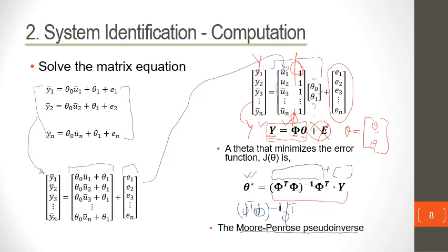So it means, therefore, in order for one to calculate the optimal parameters in system identification for a linear system, the problem is reduced to simply calculating the Moore-Penrose pseudo-inverse from the data, and multiplying it by the output data. That should give you your optimal parameter, theta star.